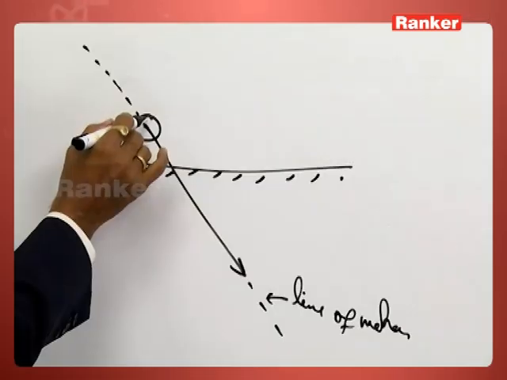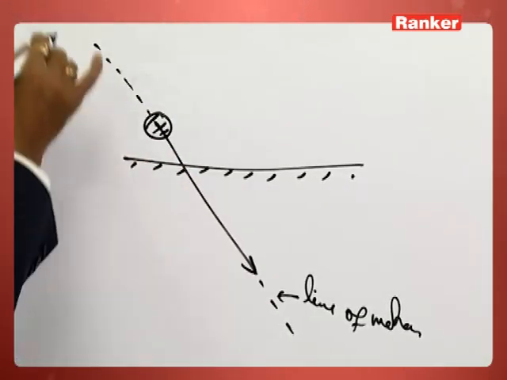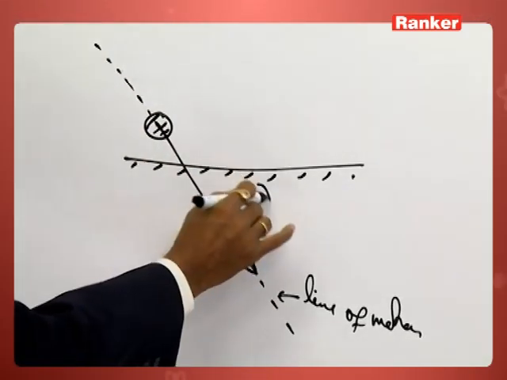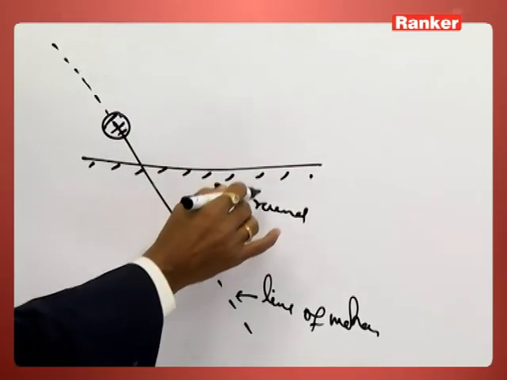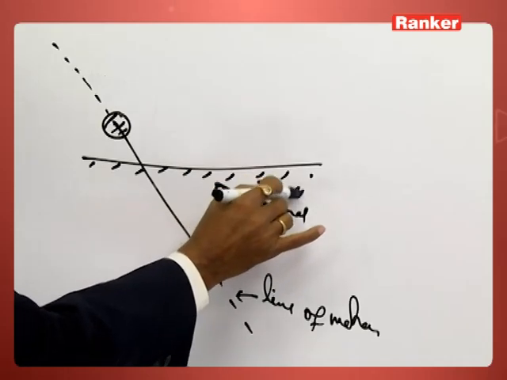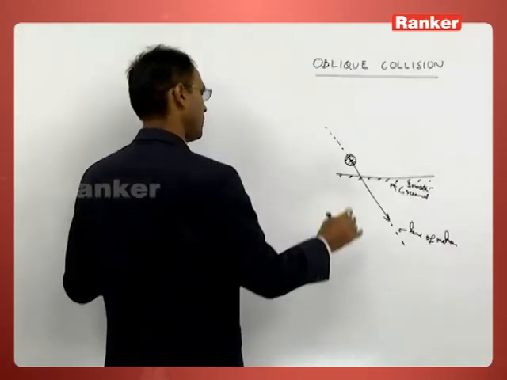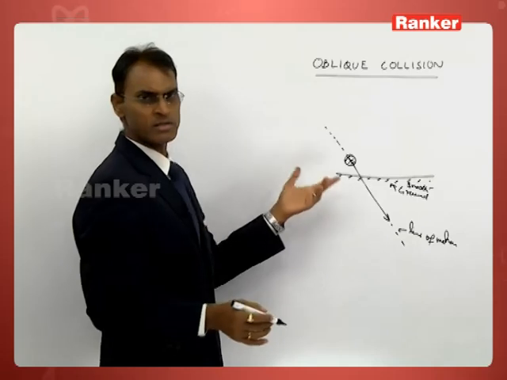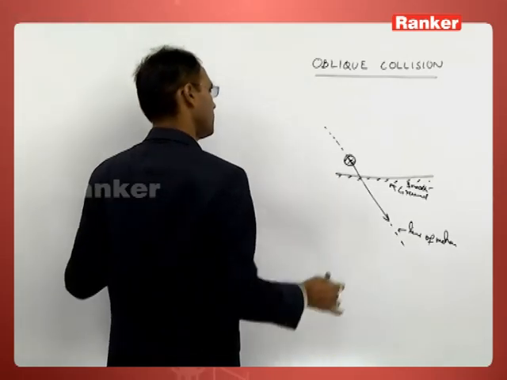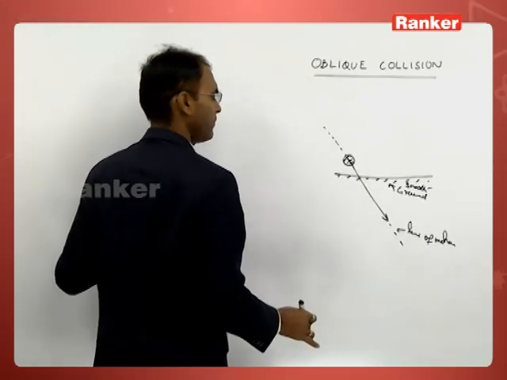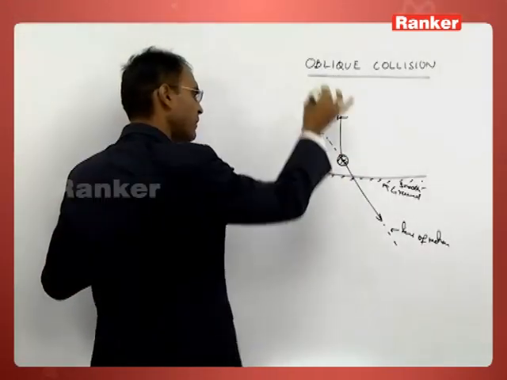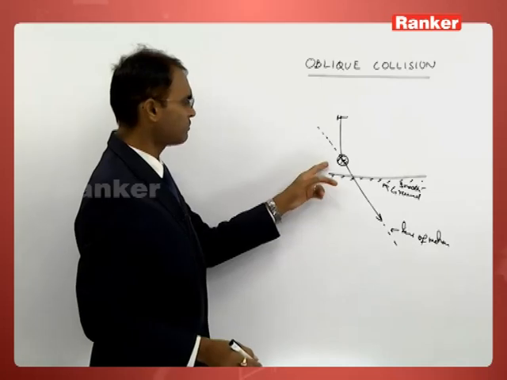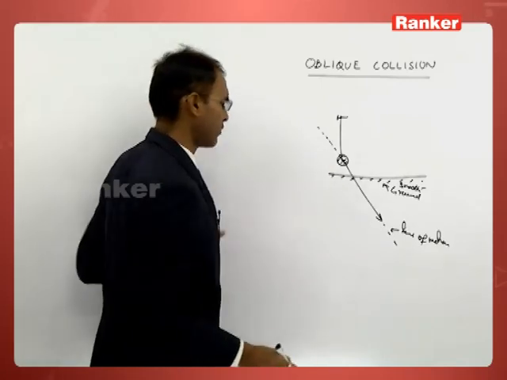If you take the example of this ball which hit the smooth ground, either the ground is smooth or the ball is smooth, the thing will be the same. This ball will get a reaction force along the normal direction because the ball is smooth or the ground is smooth, or both can be smooth.